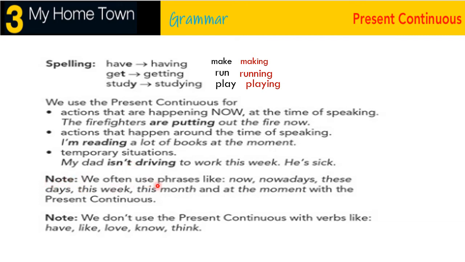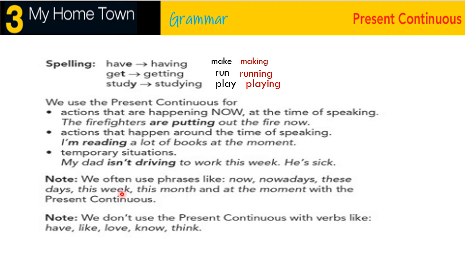We often use phrases like now, nowadays, these days, this week, this month, and at the moment with the present continuous. So whenever you see one of these phrases, you have to know that we are talking about the present continuous. What are the key words for the present continuous? Now, nowadays, these days, this week, this month, and at the moment.